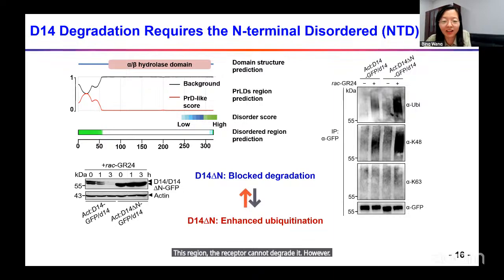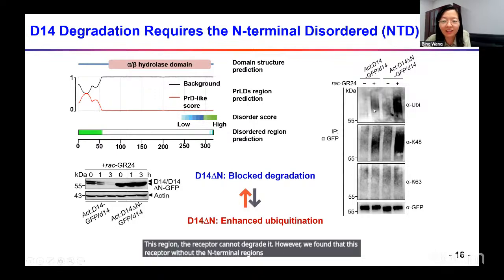However, we found that this receptor without the N-terminal region shows enhanced ubiquitination. This is hard to understand, because the protein is ubiquitinated very strongly, but it cannot degrade.